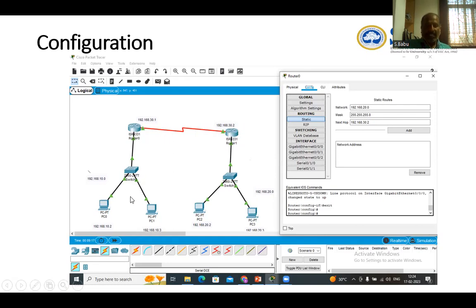So the data goes from the 10.0 network to the 20.0 network via this next hop address, 192.168.30.2. So we can add this network.